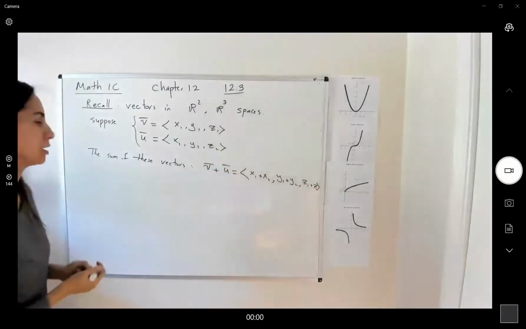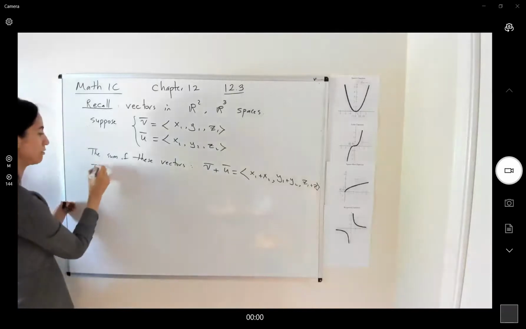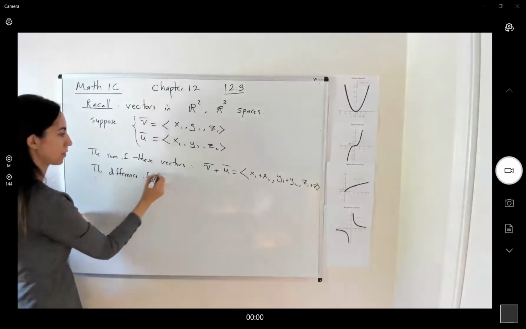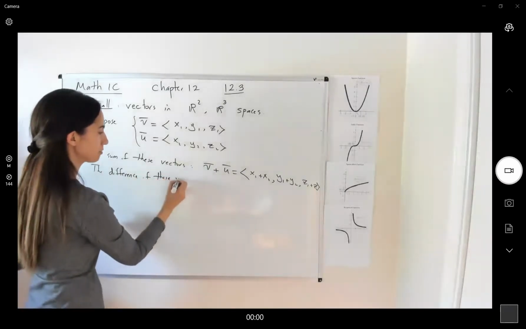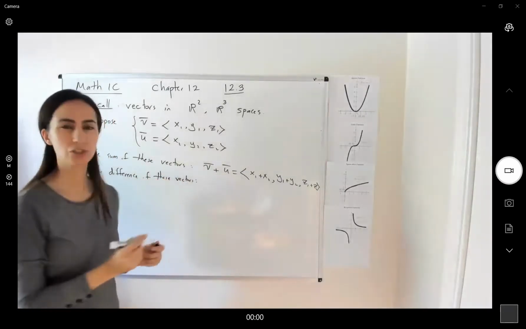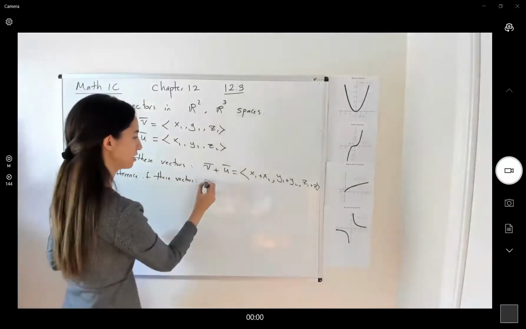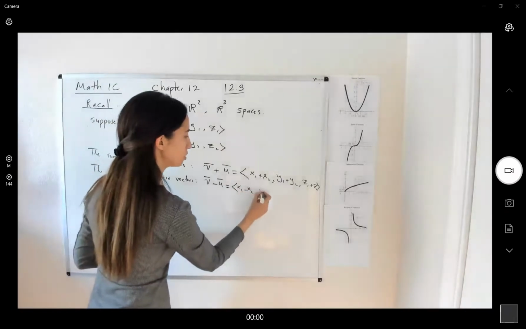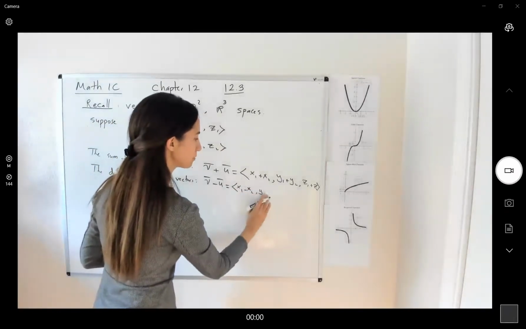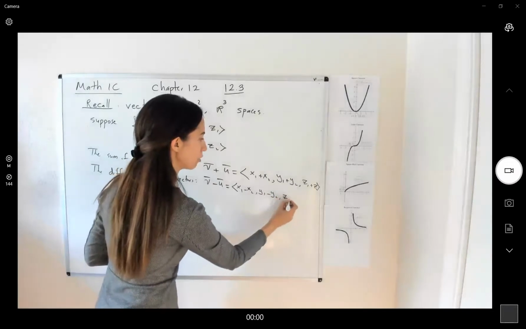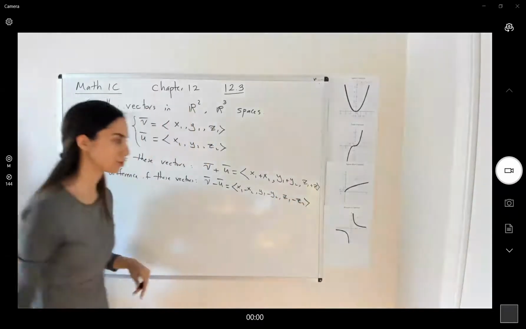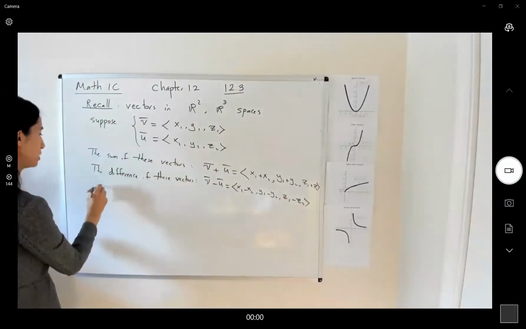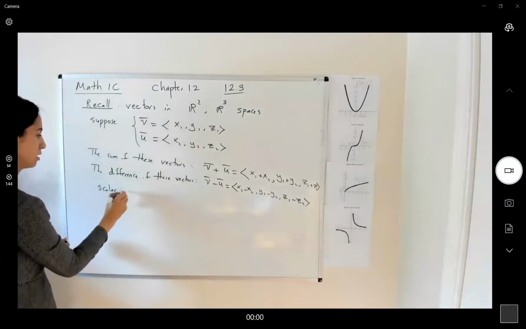With the same discussion, we can define the difference of these vectors. We just need to subtract the components, V minus U, which is X1 minus X2, Y1 minus Y2, and Z1 minus Z2.